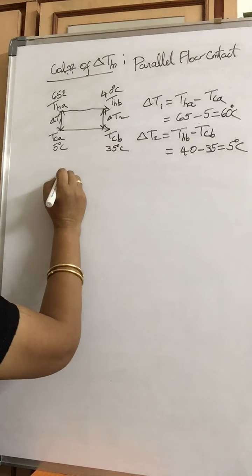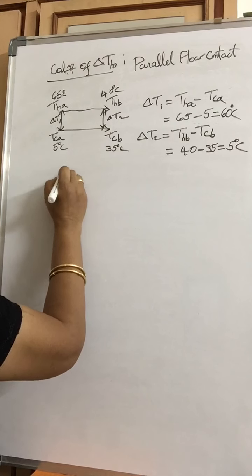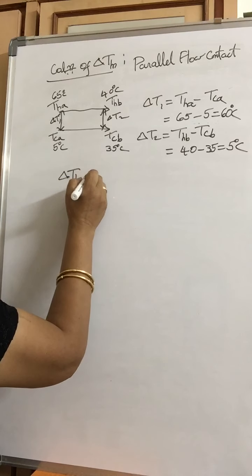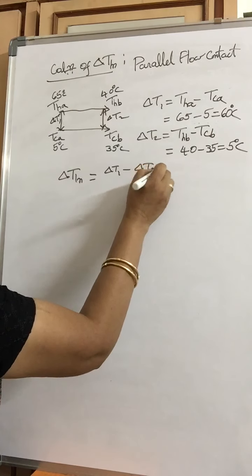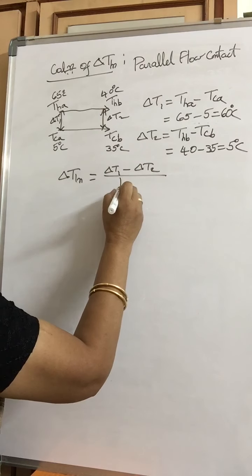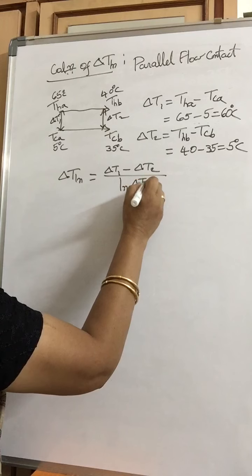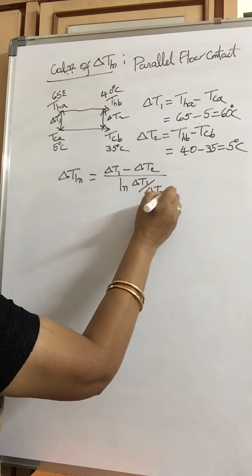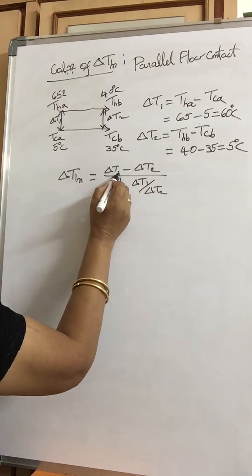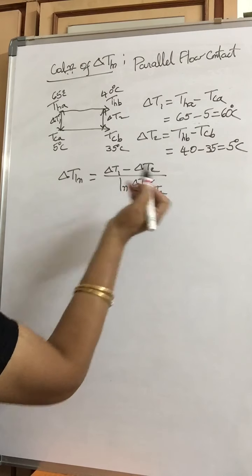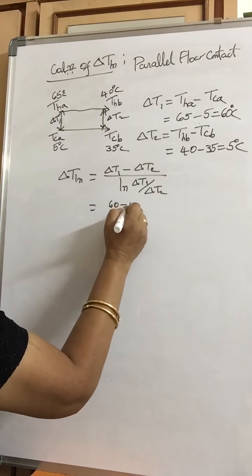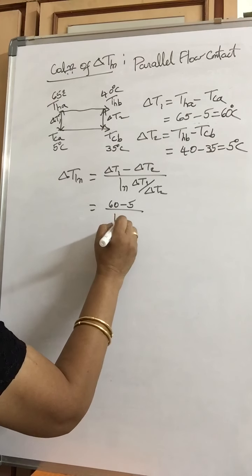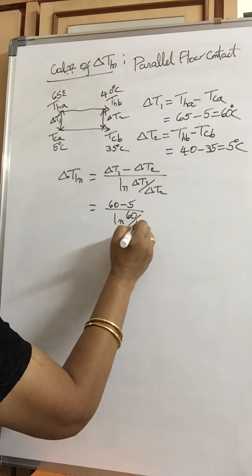So now delta T ln, LMTD, delta T ln is equal to delta T1 minus delta T2 by ln delta T1 by delta T2. When you are taking T1 first, here also it should be T1. So that is 60 minus 5 by ln 60 by 5.